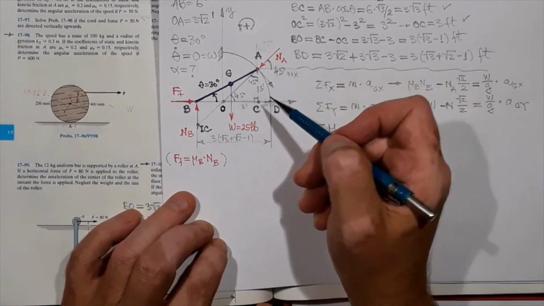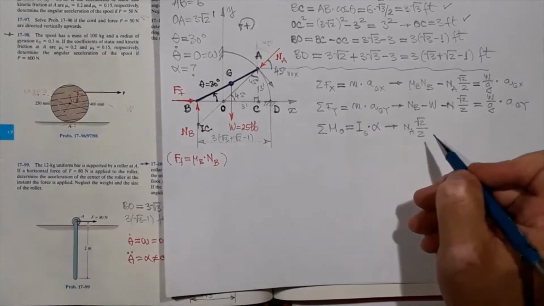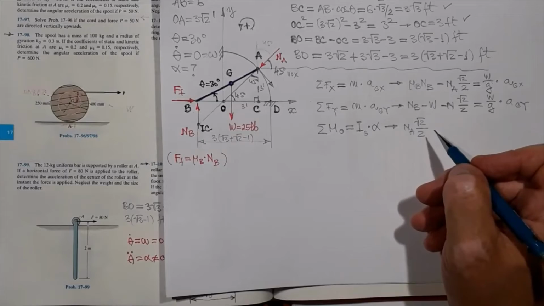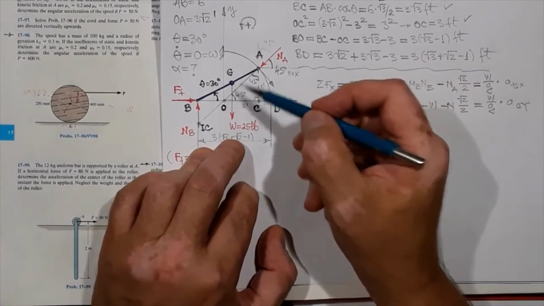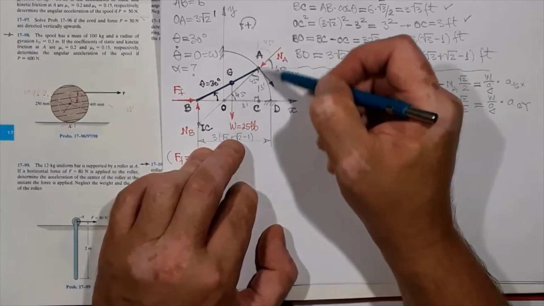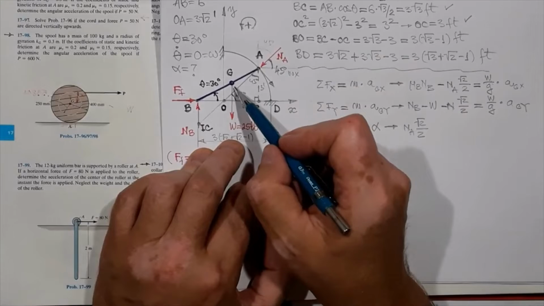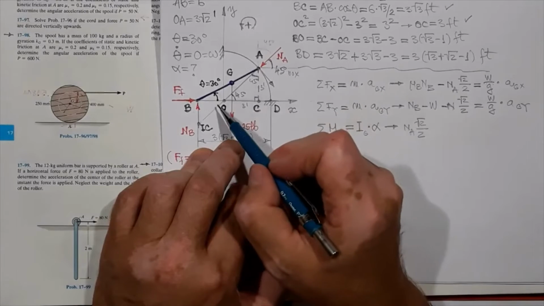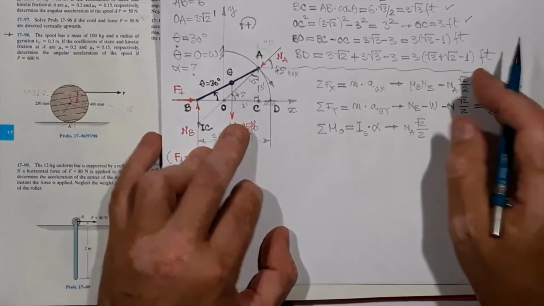Or is it? Let's double check. This piece over this piece is going to be 1 over 2. We have similar triangles, and this over this is also this over this.